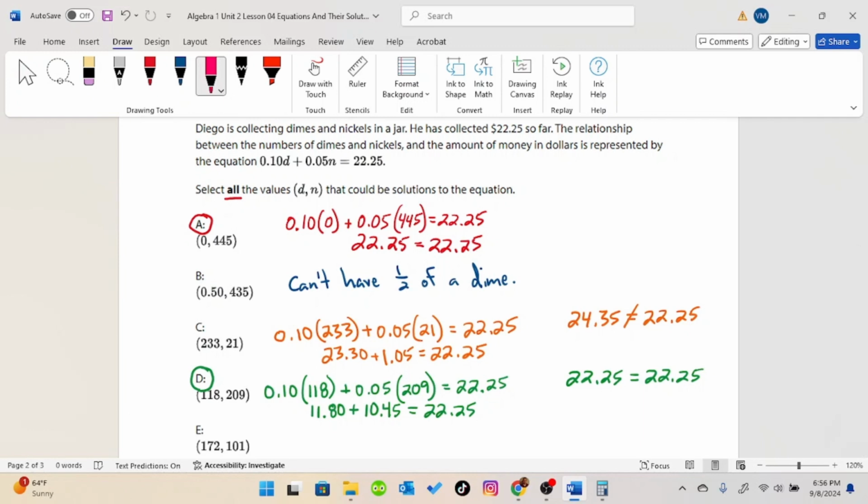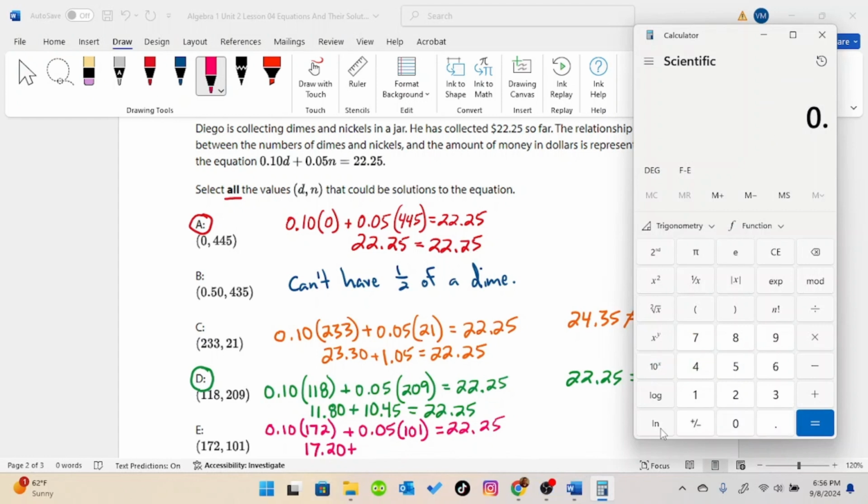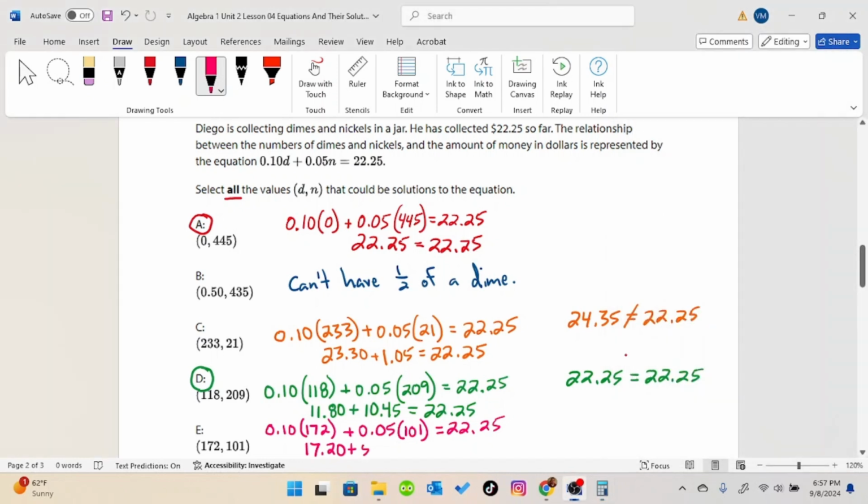And our last choice, choice E, we have 10 cents times 172 dimes plus 5 cents times 101 nickels would need to equal $22.25. 10 cents times 172 dimes would be $17.20. 5 cents times 101 nickels is $5.05.